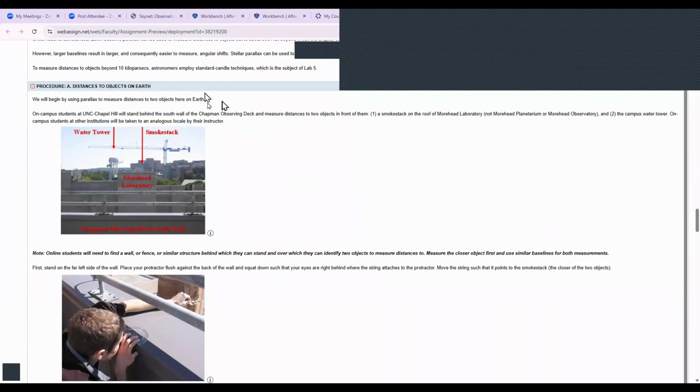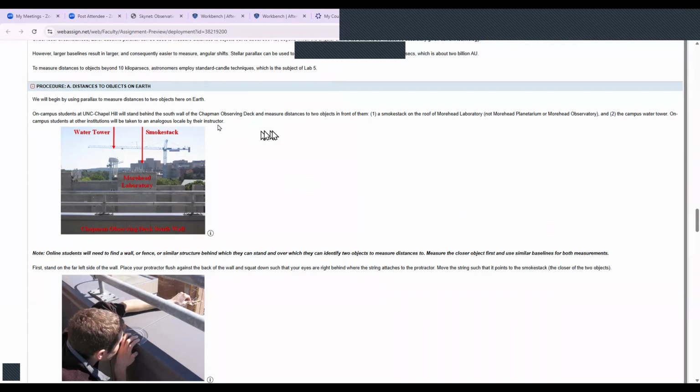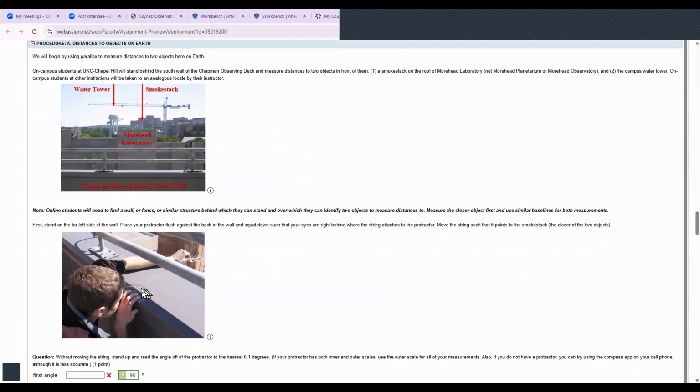This example was made for an individual at Chapel Hill University. At that time there was probably a crane for the construction; I don't think they have it anymore.